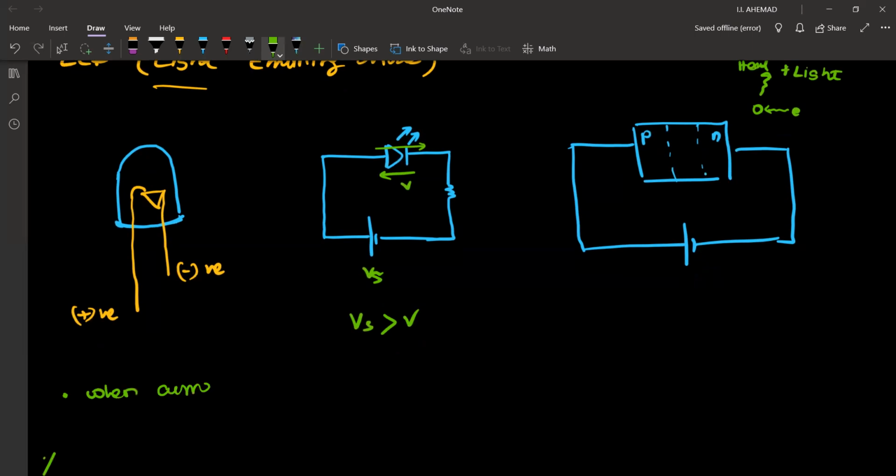When current passes through the LED in forward bias, it emits light.